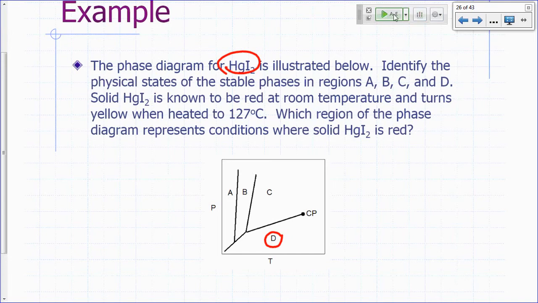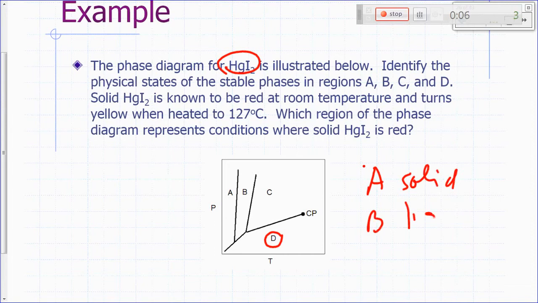Point D is what? A, solid, B, liquid, or C, gas? Point D represents gas.